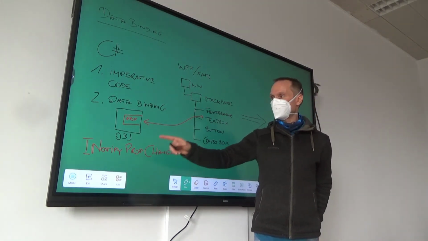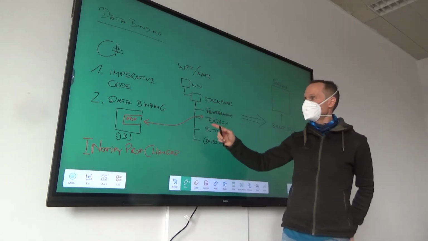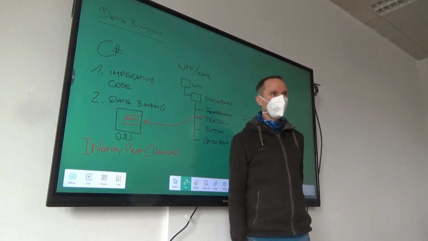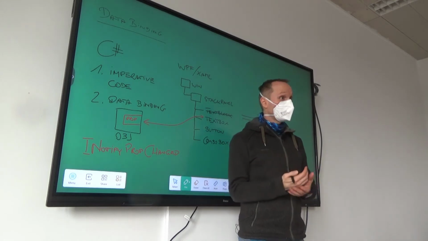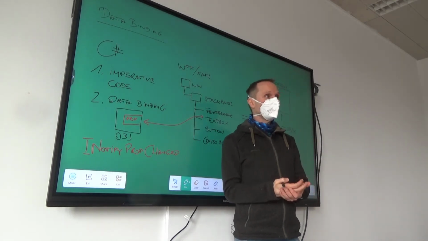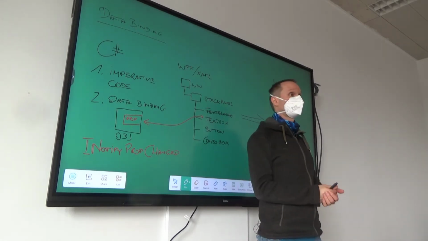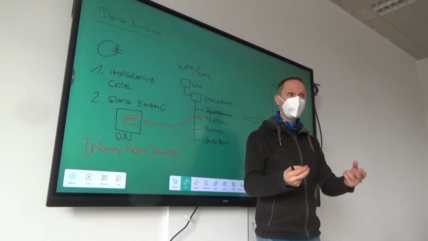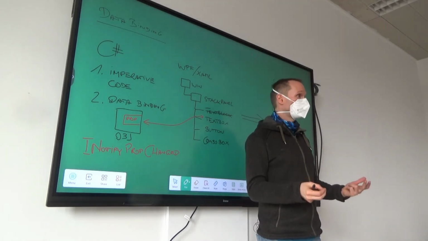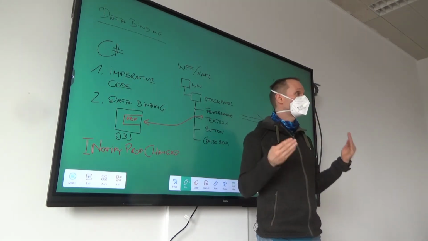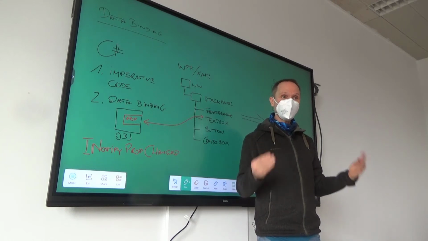INotifyPropertyChanged is really just a helper to enable WPF to recognize C# property changes. Because there is no other possibility. What would WPF need to do in order to find property changes in C# without this interface? It would have to poll. Every few milliseconds, it would have to compare, has any of the properties changed that play a part in data bindings?